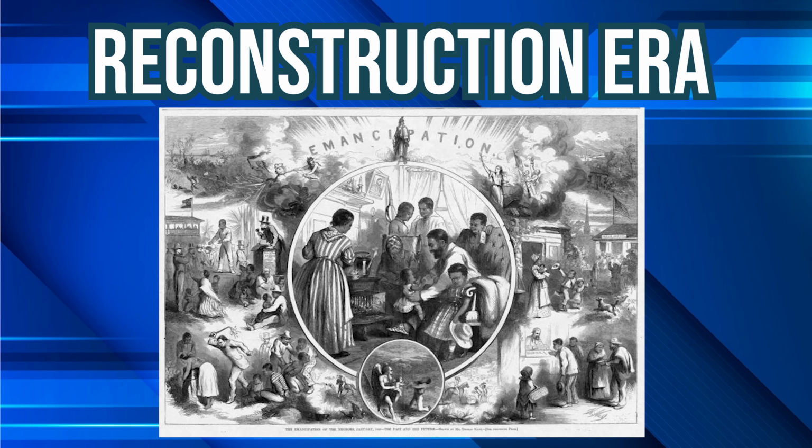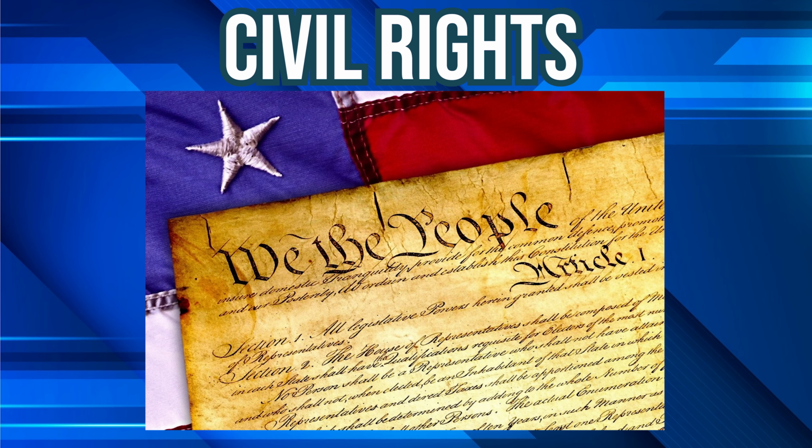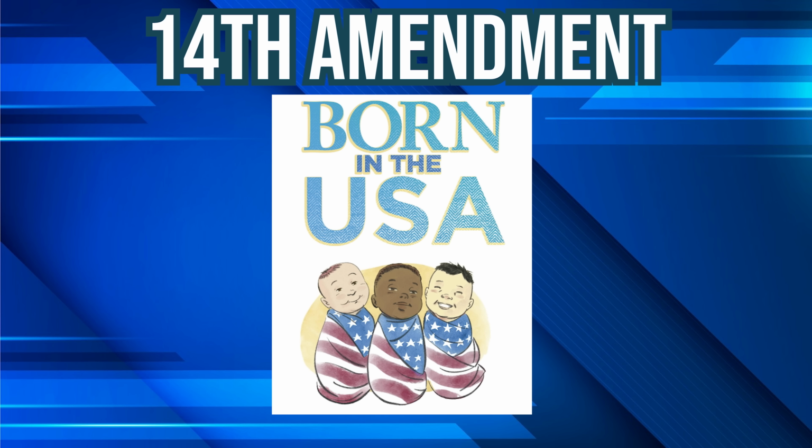So one of the consequences of this was that the entire population was having to be restructured from the ground up in the way in which it interacted with itself. One of the realities for several people who were formerly slaves was that they weren't able to actualize their civil rights in many cases. And so, in order to combat this issue, the federal government began and then ultimately passed this amendment, the 14th Amendment, which established that if you were born in the United States, regardless of whether or not you were slave or free, you were a citizen of the United States.